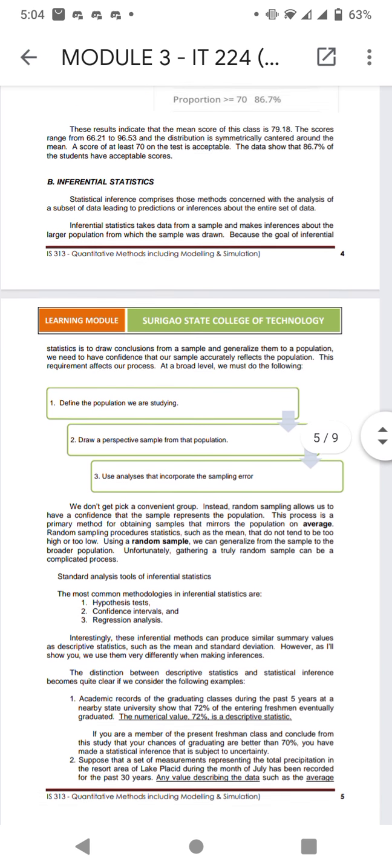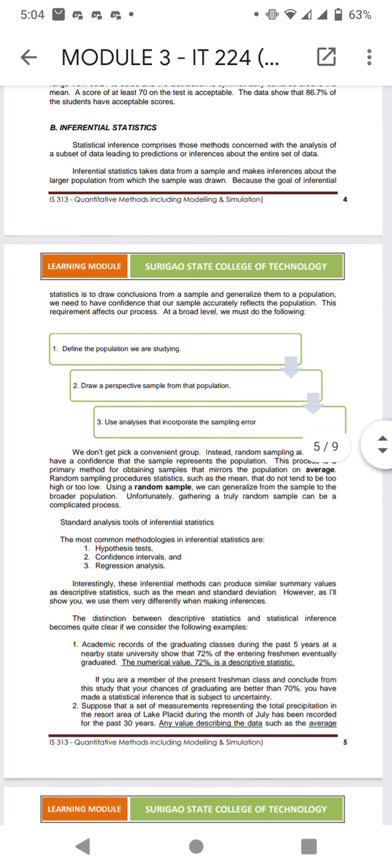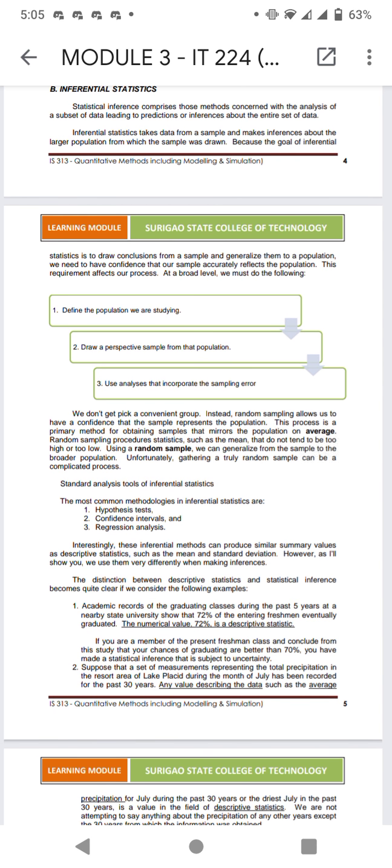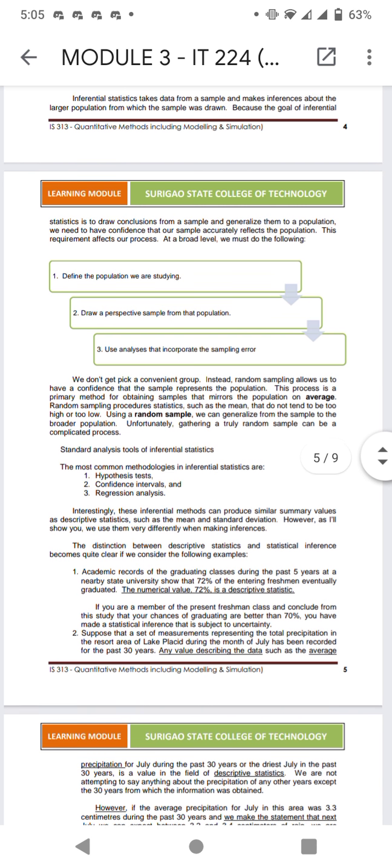Because the goal is to draw conclusions from a sample and generalize them to a population, we need confidence that our sample accurately reflects the population. This requirement affects our process. Inferential statistics describes how genuine or true a specific thing we are curious about is.